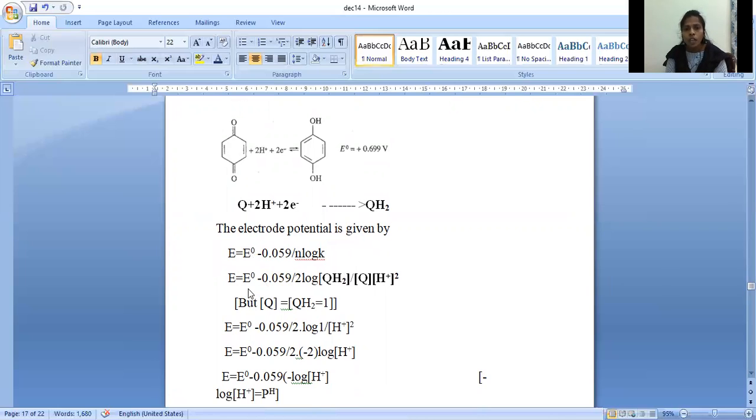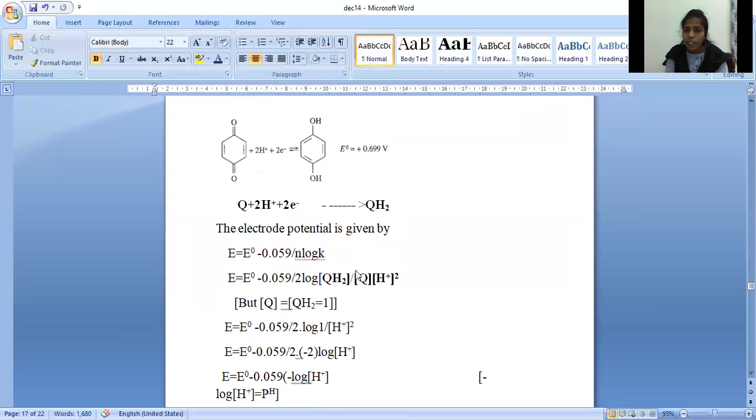Now we know what K is. K is the products concentration divided by the reactants concentration. So E equals E naught minus 0.059 by 2 log, product is QH2 divided by reactants Q into [H+] power 2. That is the products concentration divided by the reactants concentration.